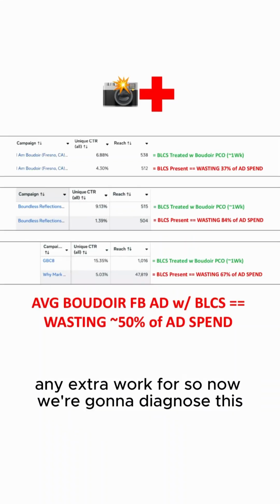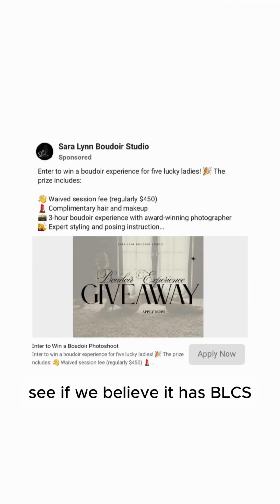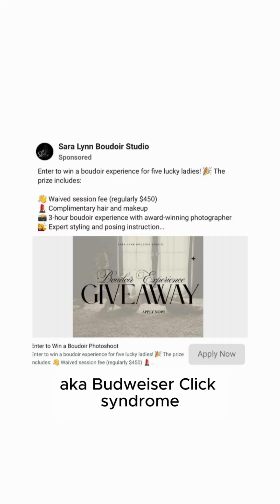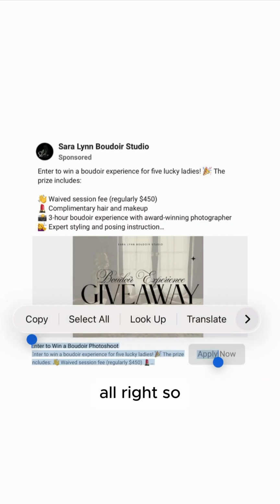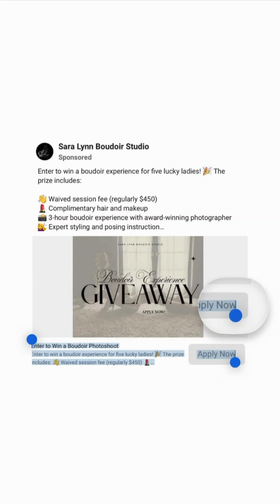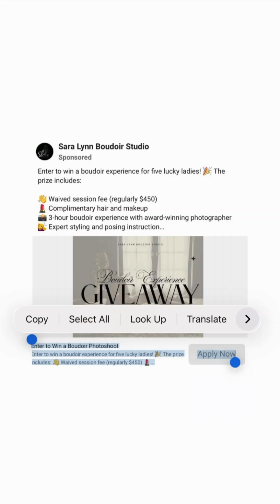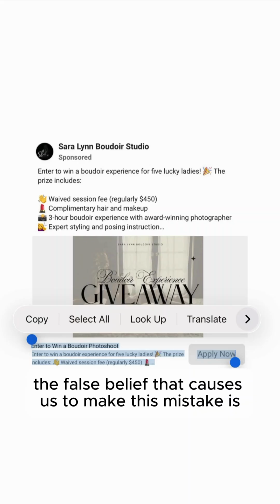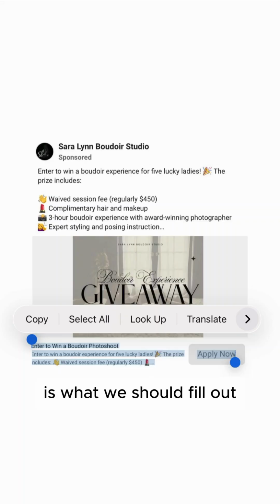The Zuck. So now we're gonna diagnose this, see if we believe it has BLCS, aka Boudoir low click syndrome. All right, so what we see right here, we've got the below creative cluster mistake. The false belief that caused us to make this mistake is we are trusting that what Facebook tells us to fill out is what we should fill out.